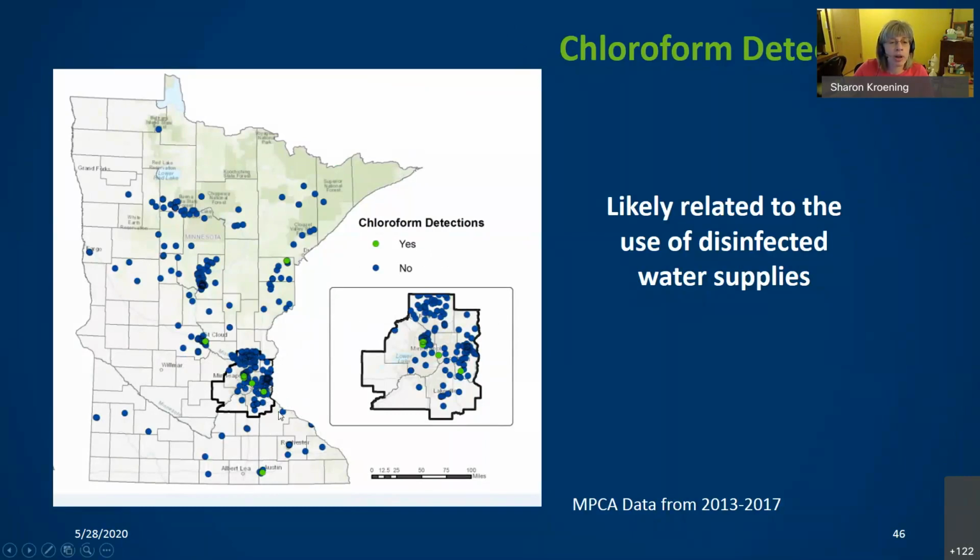The one common feature among all of these wells is they're located in areas where chlorine is used to disinfect their water. So what we think is happening is that this disinfected water can be used for purposes like car washing and lawn watering, and it's making its way back into the ambient groundwater.